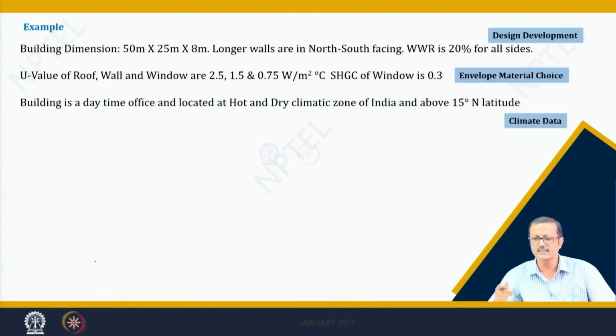The first line gives me the design development sense, that is the building areas, window areas and all. The second line gives me the envelope material choices, and the third line gives me the climatic data. Based on that I have to calculate the EPF of this building.